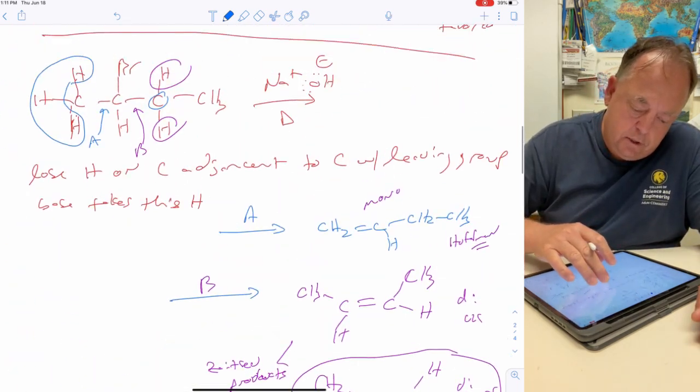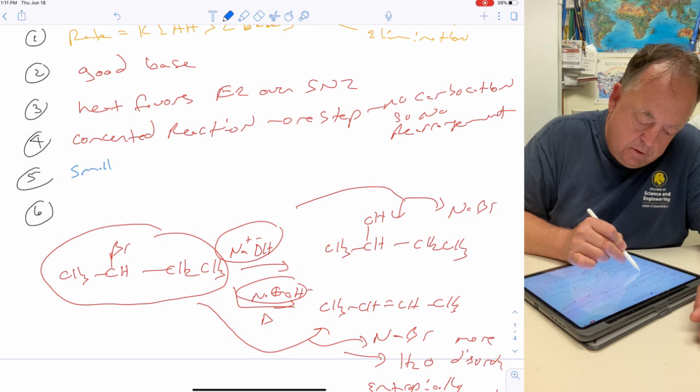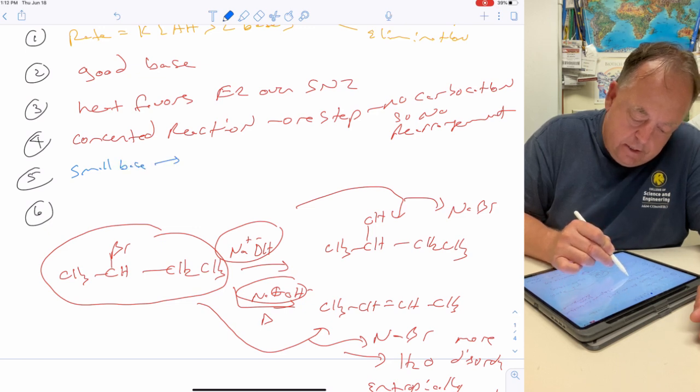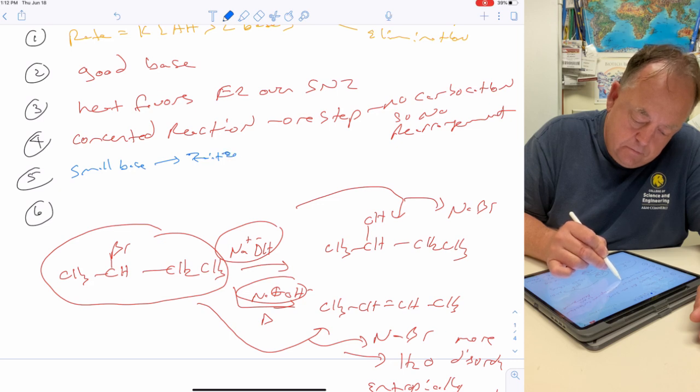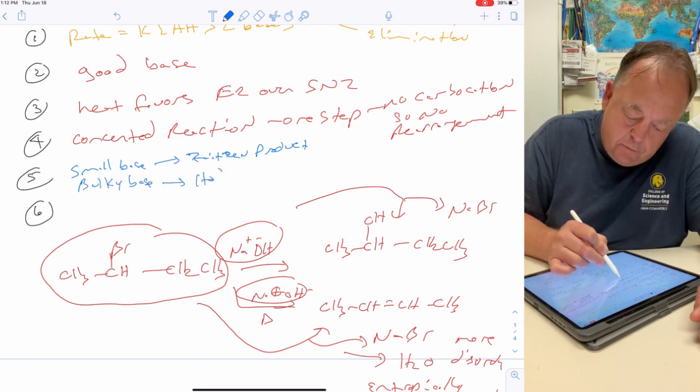Okay, so this is one thing that you have to keep in mind for an E2 reaction. A small base gives the Zaitsev product. And a bulky base will give the Hoffman product.